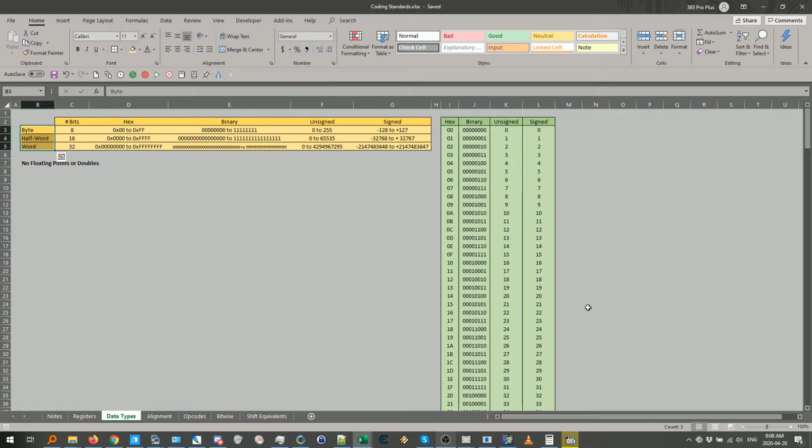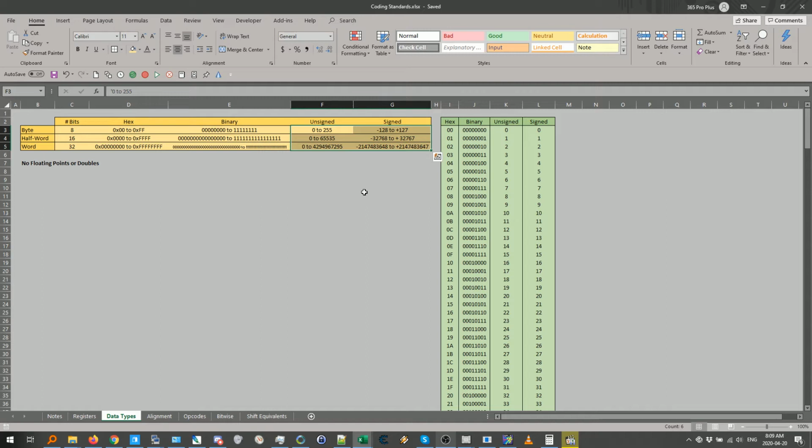Now, what's more interesting if you're not familiar with signed and unsigned values is what they mean and what's going on here. As you can see, the unsigned are only positive values, and signed are negative to positive values.